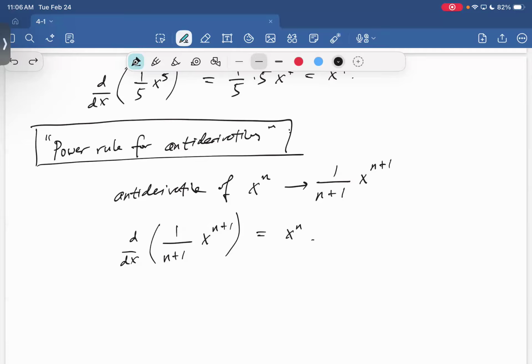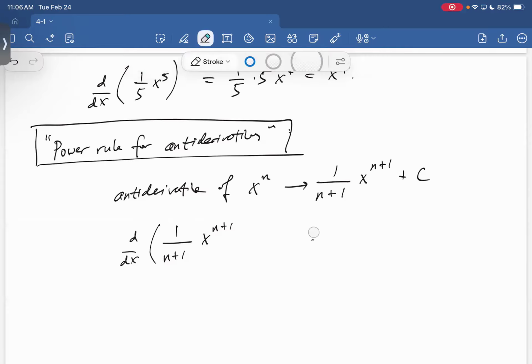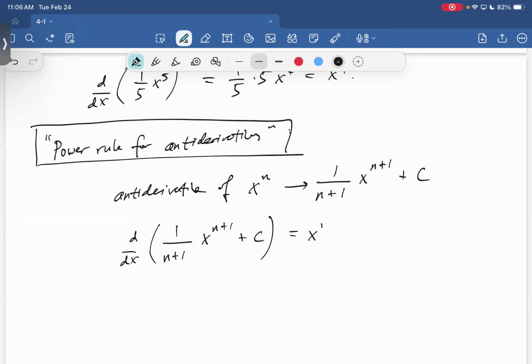Don't worry. There is an additional subtlety that is very important, which is that the antiderivative is actually this plus c, where c is a constant, any constant. Without the c is still correct, but we're not getting all the possible solutions. That is because anytime we add a constant to a function and we take the derivative, we're still going to get the same thing. If we took the derivative of this plus c, because it's a constant, we're going to get 0, and that's not going to affect the final answer.